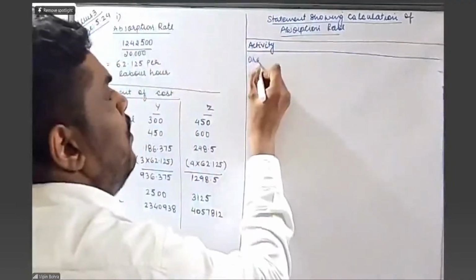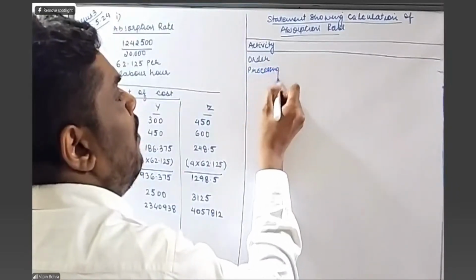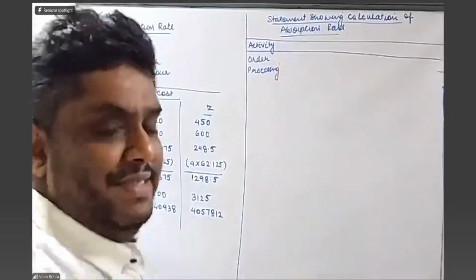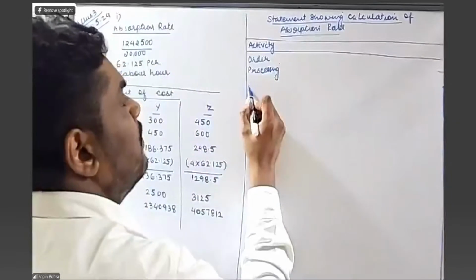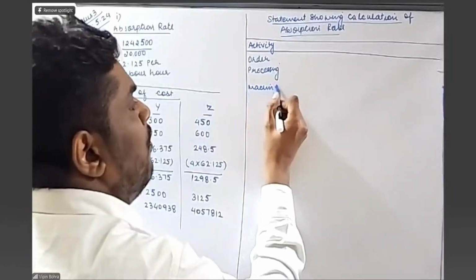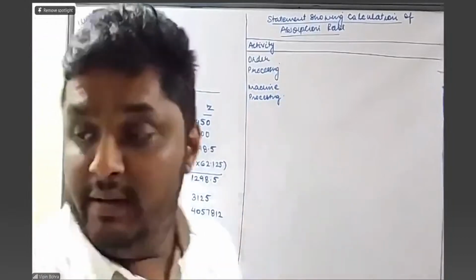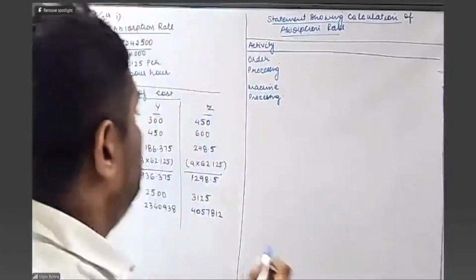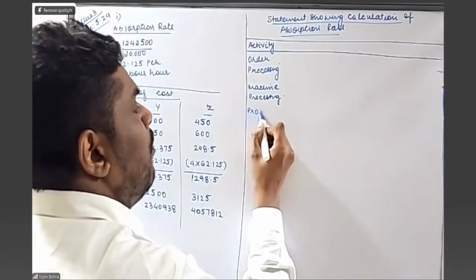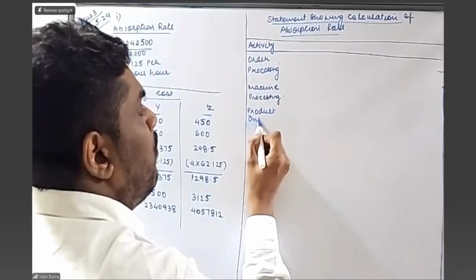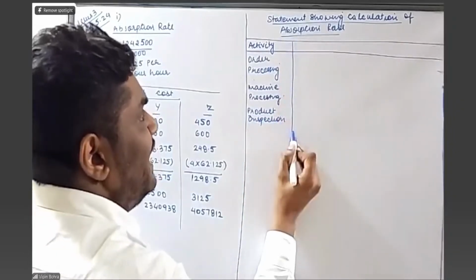So the first one is order processing. Second one is machine processing. And the third one is product inspection. So these are the activities.